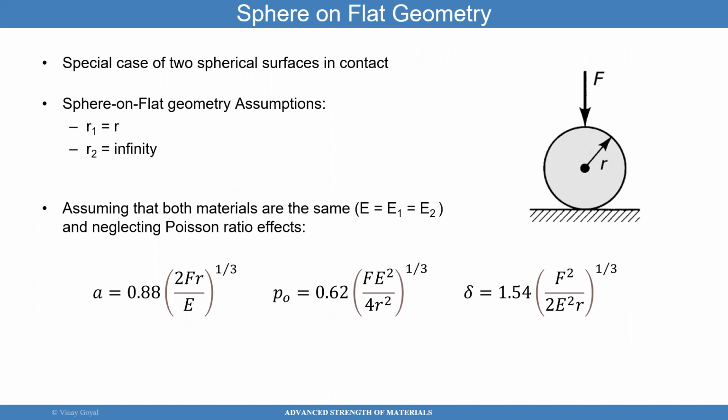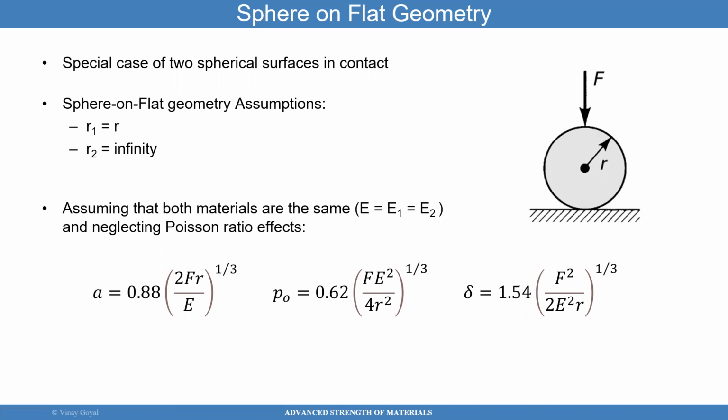If you use that number, you get that the contact radius is 0.88 times the cube root of the force applied times R, where R is the radius of the sphere, divided by E, the modulus of this material. In this case, I assume that the two materials have the same modulus. I could have assumed different moduli, but in this example problem, I'm assuming the two have the same modulus.